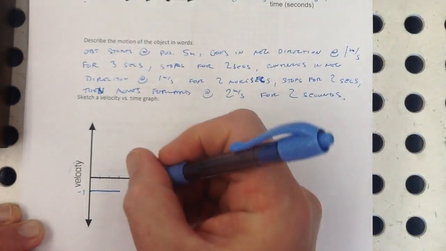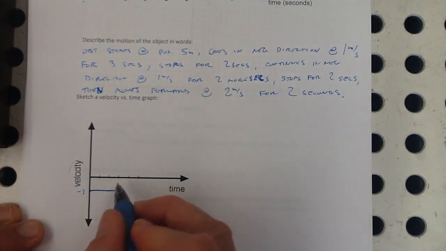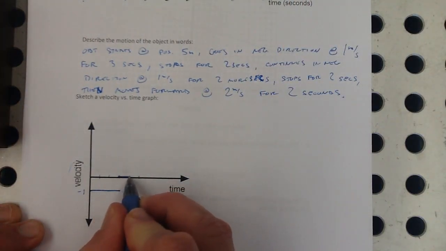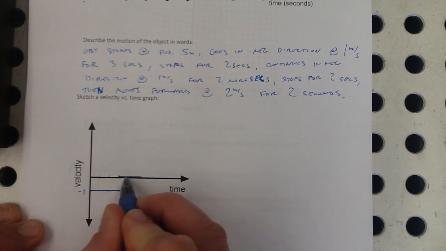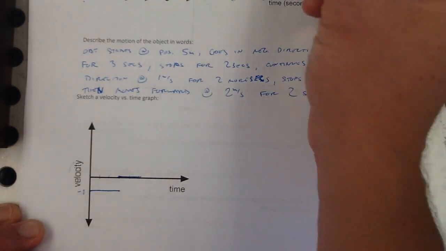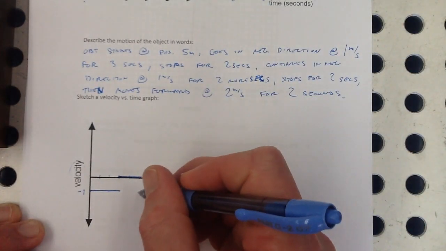And then for the next 2 seconds, it's stopped. So if you look at the speedometer, or the velocity meter, which is going to tell us negatives when it's negative, it's at 0. And then for the next 2 seconds, we're going -1 again.